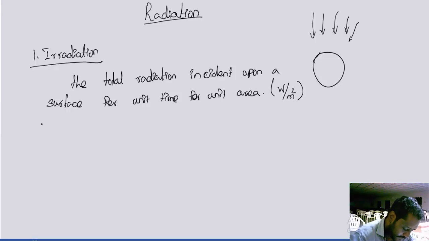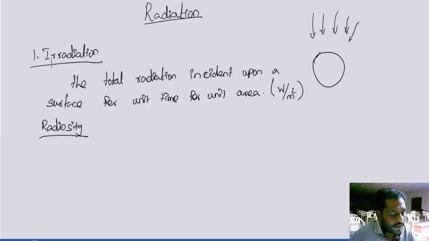Then the second thing you have to know is radiosity. In an object, a lot of radiation falls on it, which is called irradiation. The object absorbs the energy incident upon it and emits some energy. That emission is known as radiosity.